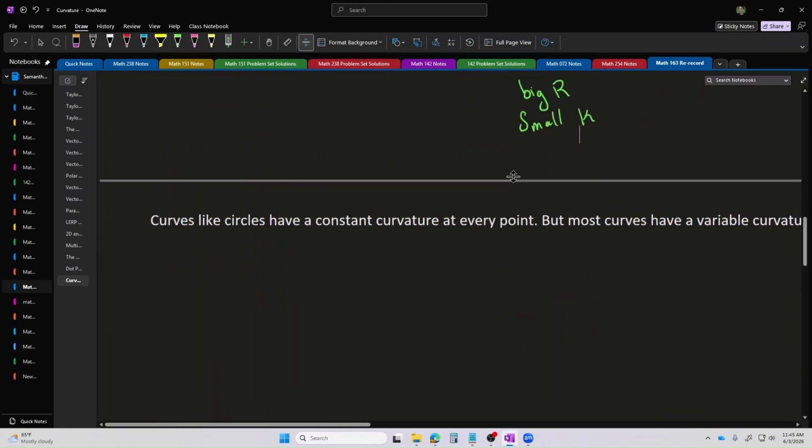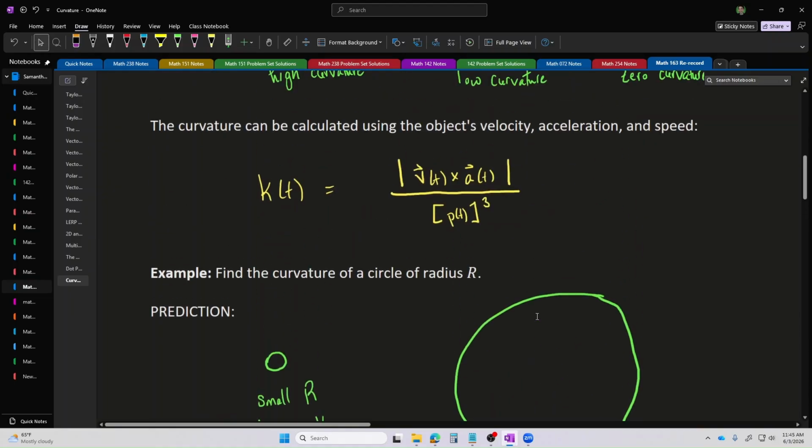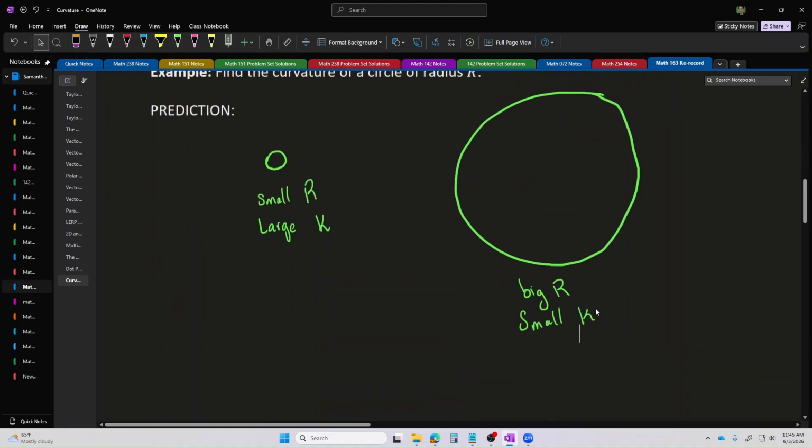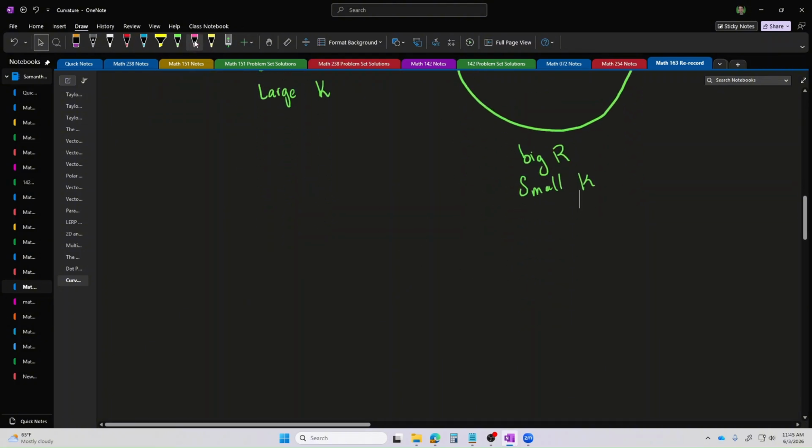So having made that prediction, let's go ahead and use this formula to calculate the curvature for a circle of radius r, and let's see that the result aligns with what we expect and what we predicted. I'm going to start by parameterizing the circle.